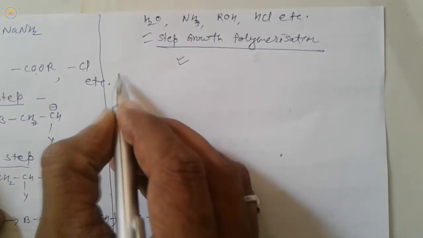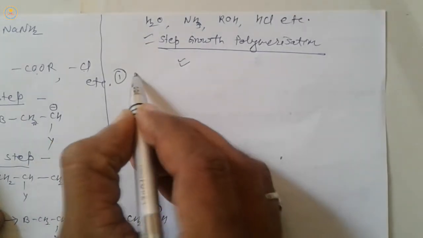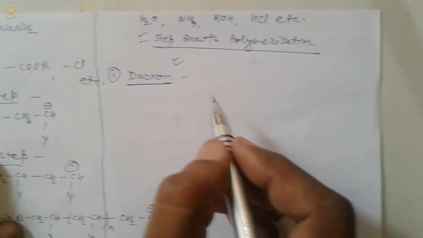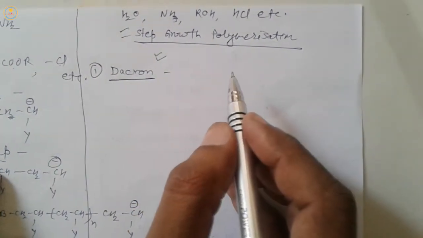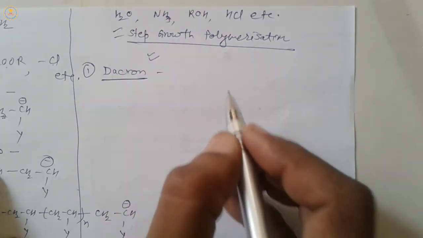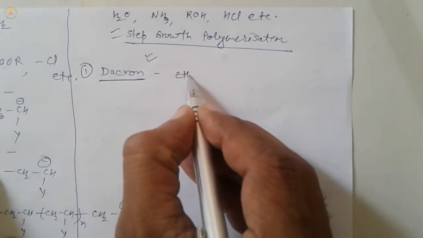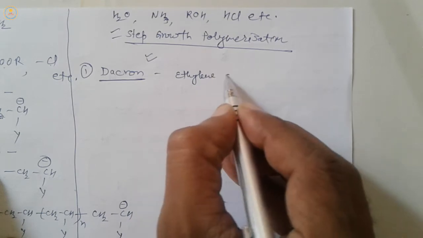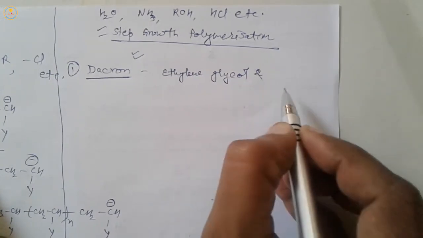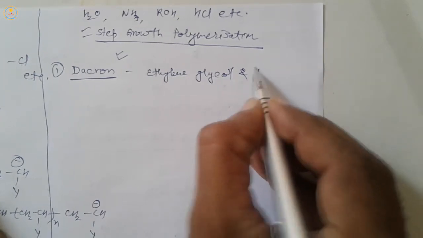For example, first, Dacron. Dacron is a polyester formed by the condensation polymerization of ethylene glycol, very important, and terephthalic acid.